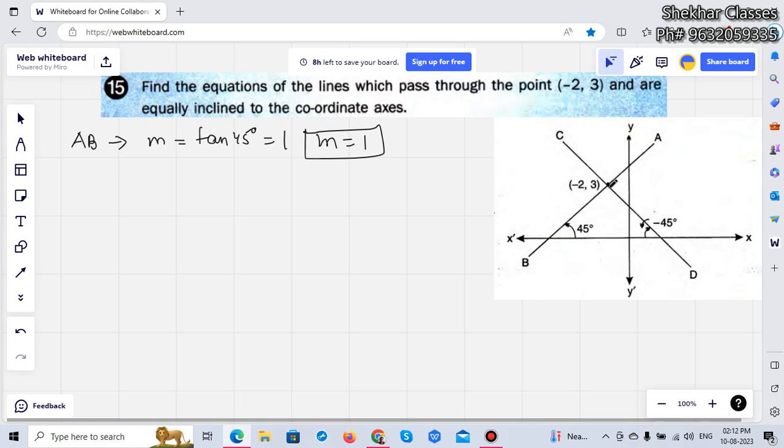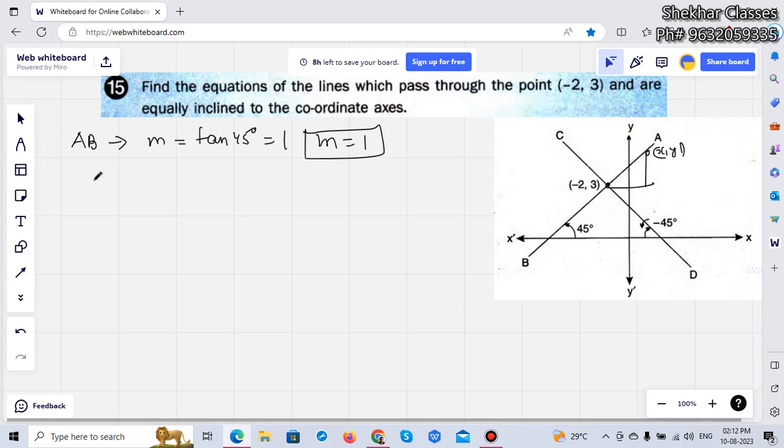Now, have they given the coordinate? They have given one coordinate. Remember I mentioned that if one coordinate is given, you can take any other coordinate, say x comma y, and find the slope with that, and both the slopes should be equal, and that is what you will equate.